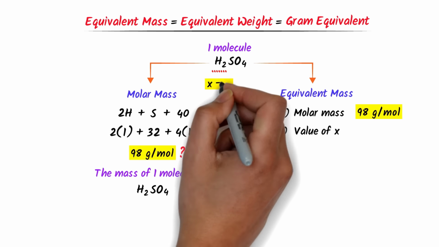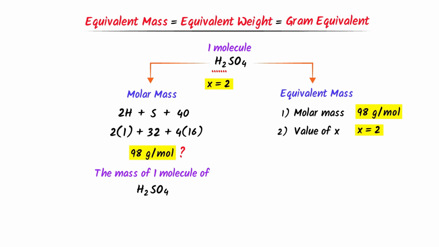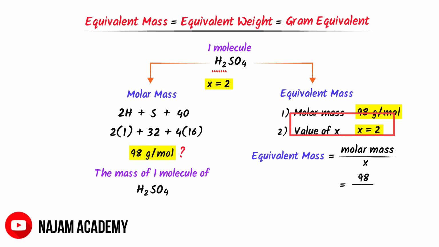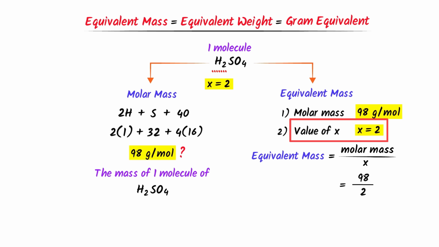So the value of X is 2. Now the formula of equivalent mass is molar mass of a molecule upon X. The molar mass of H2SO4 is 98 gram per mole and the value of X is 2. I get equivalent mass is 49 gram.